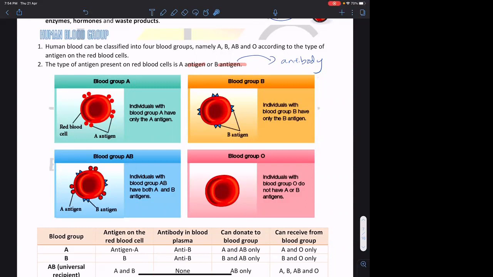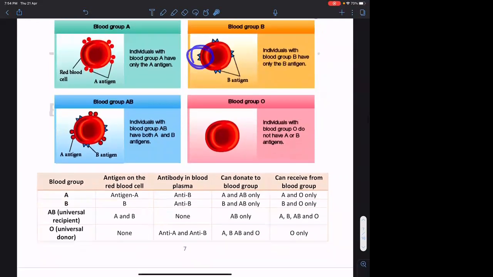All right, so as you can see, these two teams, they are not all right with each other. A person with blood group A, the white blood cell can only recognize this shape. For a person with blood group B, the white blood cell can only recognize this shape. But how about AB then? AB, the white blood cell can recognize both shapes.